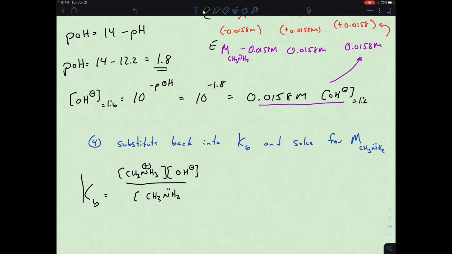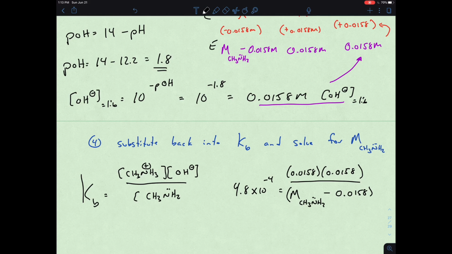We now start to plug everything in. We have our Kb, which is 4.8 times 10 to the negative fourth. That's equal to our concentrations of methylammonium and hydroxide, which are the same at 0.0158 molar, all over my initial concentration of the methylamine minus that 0.0158 molar. So that's plugging in all the values.